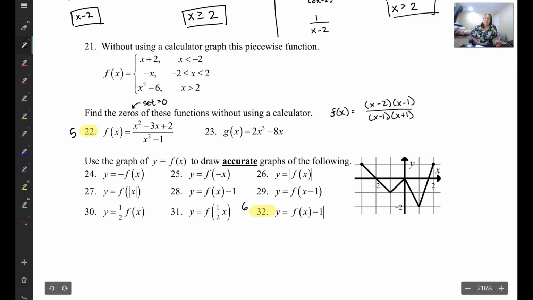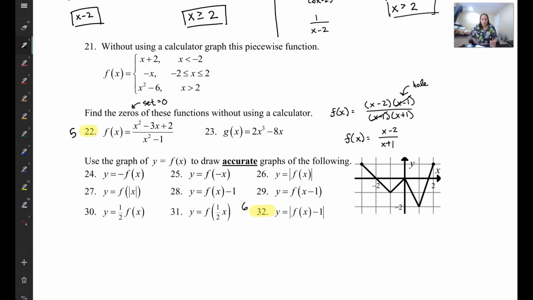And now we have to double check, are there any factors that are the same on top and bottom that we can cancel out? Well, yes, x minus 1's cancel. So we must do that first and simplify f of x to x minus 2 over x plus 1. And that x minus 1 right there is a hole or a discontinuity, which we will talk about more next chapter.